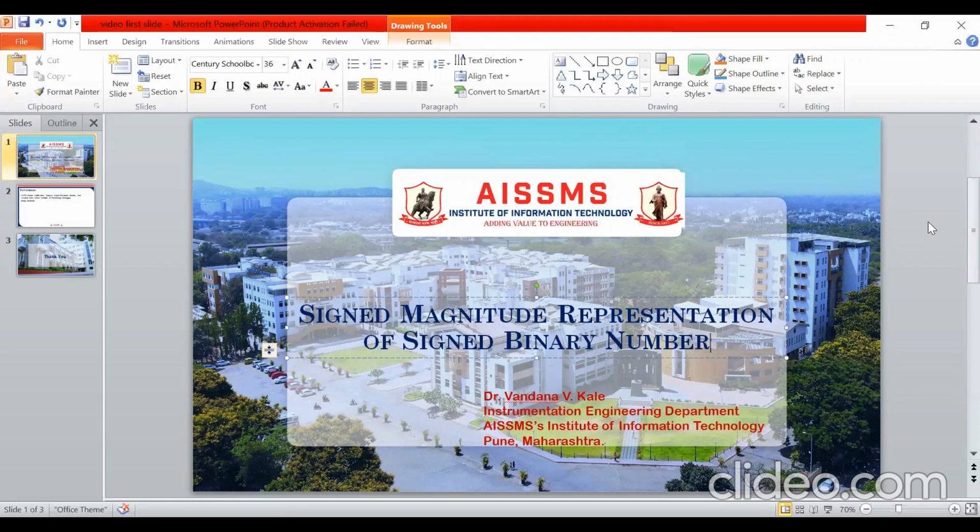But in case of binary numbers, the number is represented with the help of bits, and no special sign like the negative sign is used in the binary number system. Then how do we represent a signed binary number? For that purpose, different methods are available, and one of them is signed magnitude representation. In this session, we are going to see signed magnitude representation of signed binary numbers.